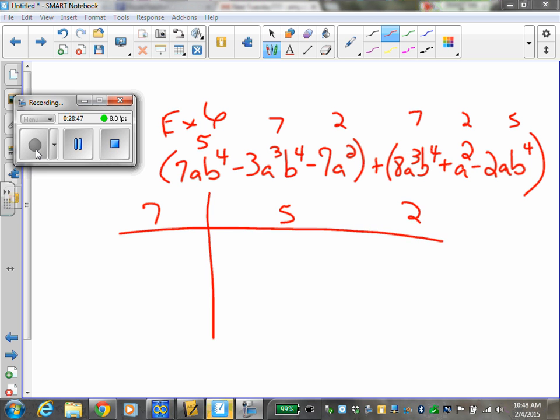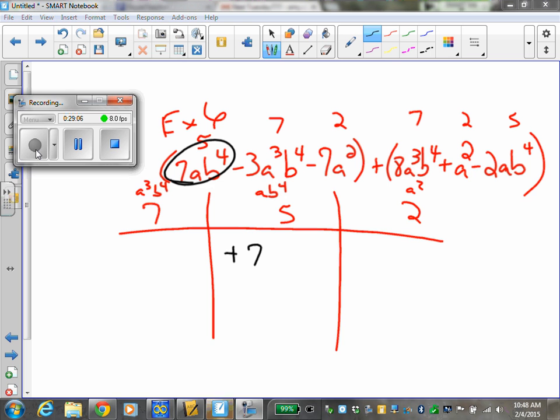And our 7s are actually a cubed b to the fourth. And our 5s are a b to the fourth. And then our 2s are a squareds. Does that make sense? So tell me, where would I put my 7a b to the fourth? So a positive 7a b to the fourth.